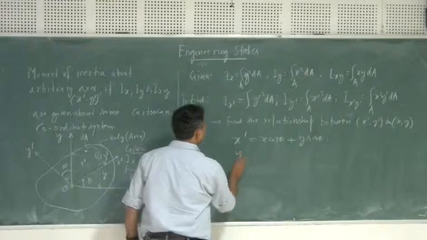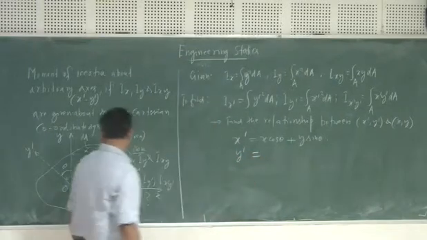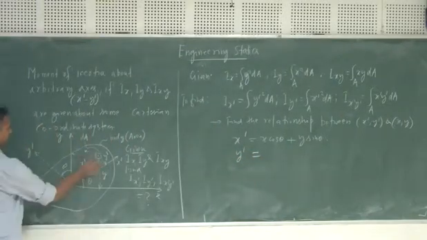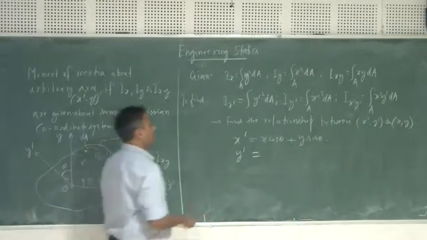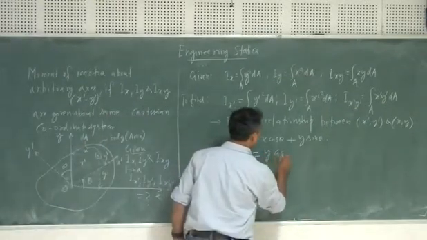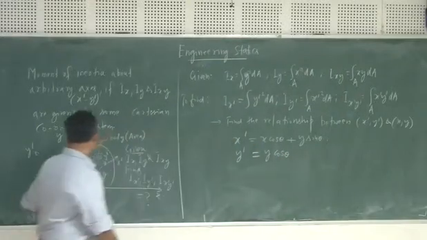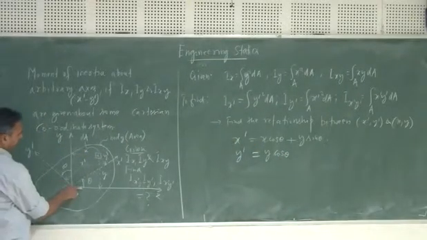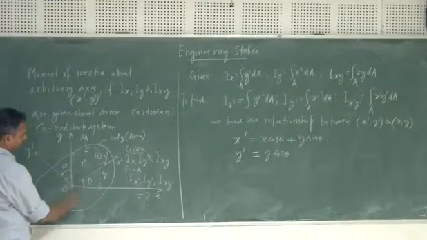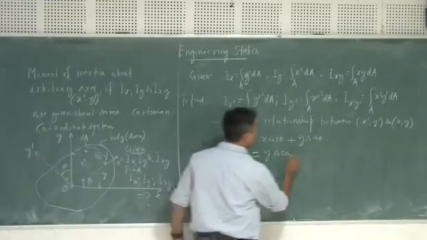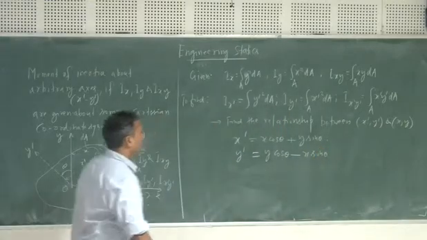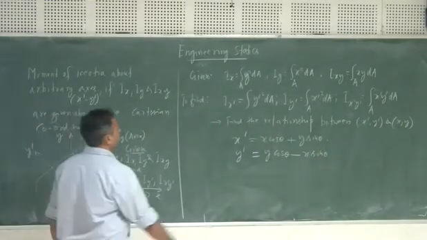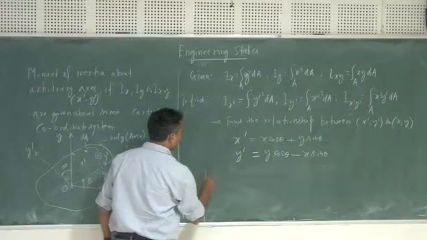Okay. Similarly, if you try to see, y dash is y cos theta, and the x component along y dash will be on the negative side, so minus x sin theta. Okay.